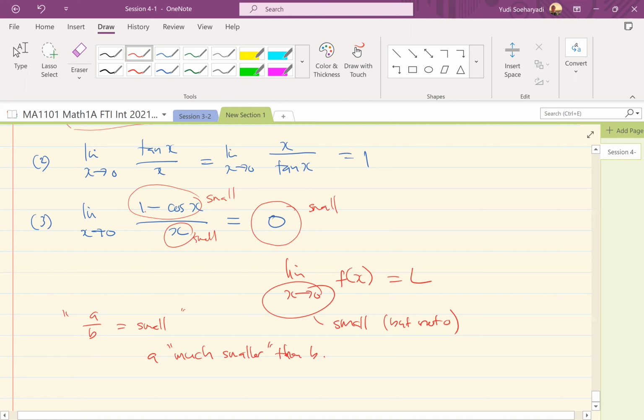So you see that 1 minus cosine x is small when x is small, but it is much smaller than x. Okay. So this is how you do this one. All right, so I will end it here. 1 minus cosine x is much smaller than x.